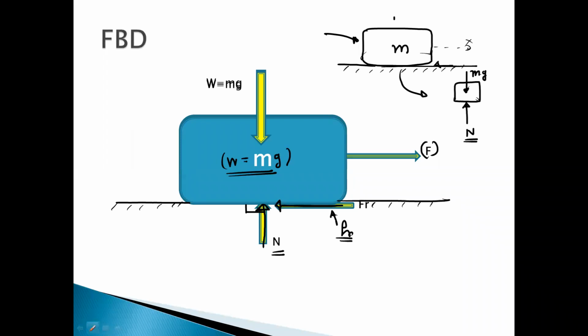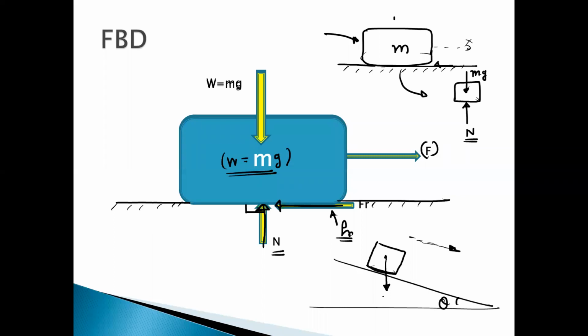Just imagine another case. We have one inclined surface having some inclination theta, and we have kept one object on this surface. This object is not moving in the downward direction, but there is one force acting in this direction. Initially this is the weight, which is mg.